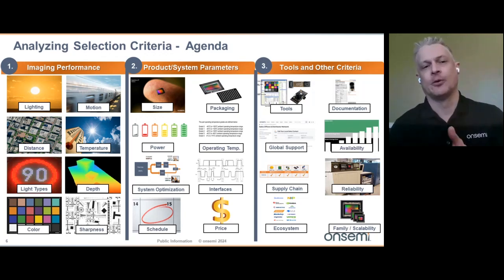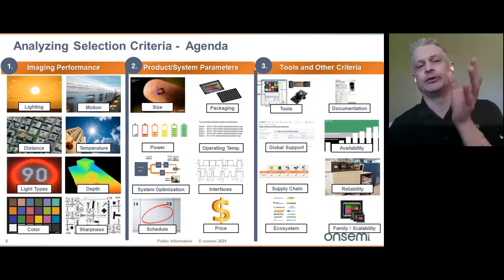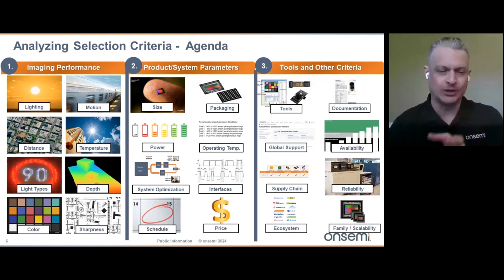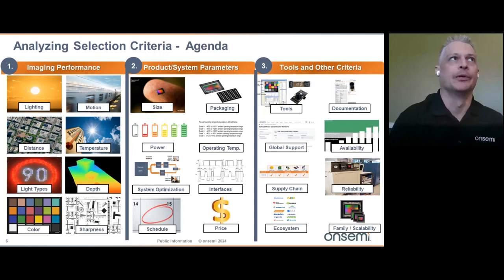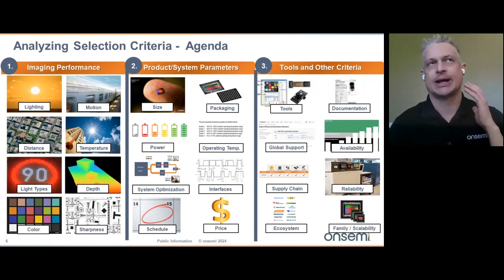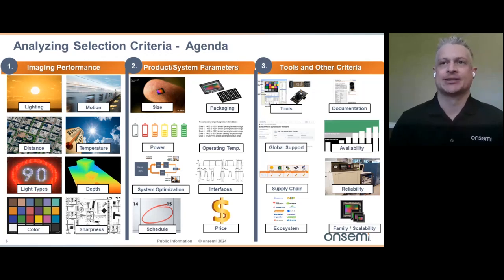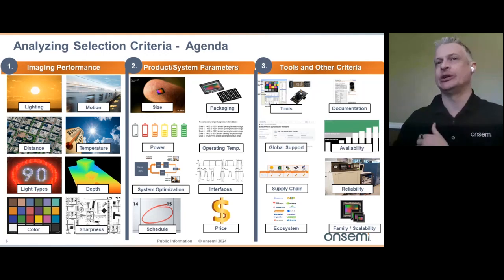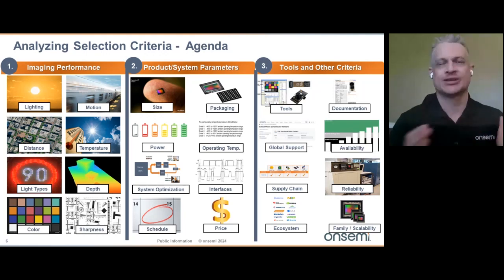In addition to that, of course, and I think this is more kind of transitioning into the product area, not so much the imaging side, but these are obviously complementary functions and extremely important to the design. So you have the actual physical size of the device. You have the type of package. There are many different CSP, BGA, PLCC, CLCC types of packages that are out there.